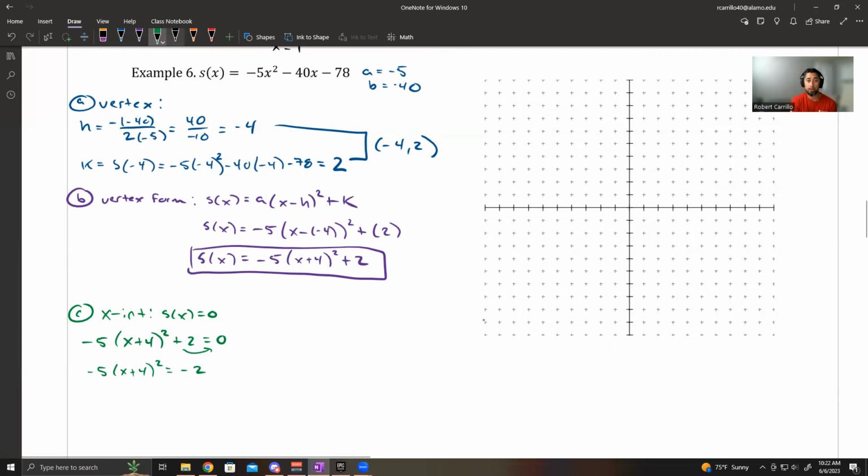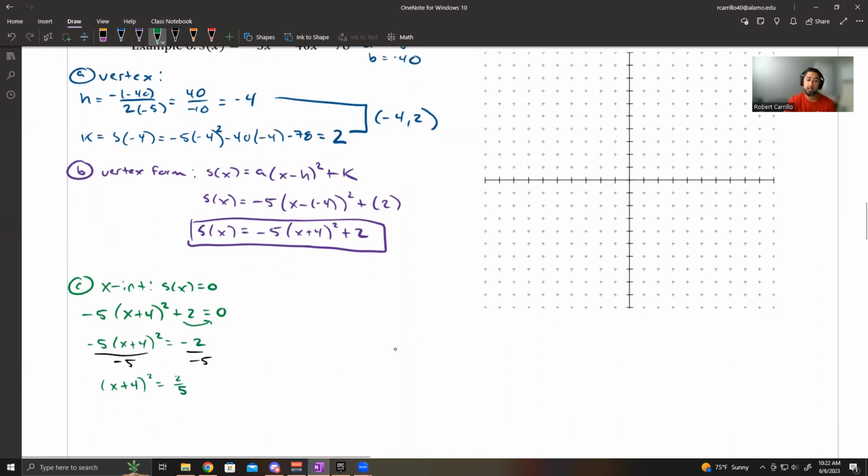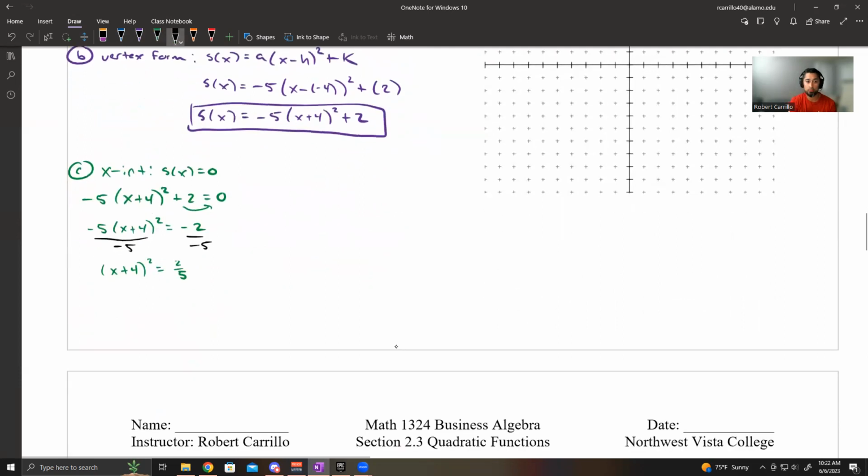And then you're going to divide by -5. And then you get x plus 4 squared equals a positive 2/5. And then you square root both sides. Ugly mess here because you're square rooting a fraction. So you get x plus 4 equals plus or minus the square root of 2/5.